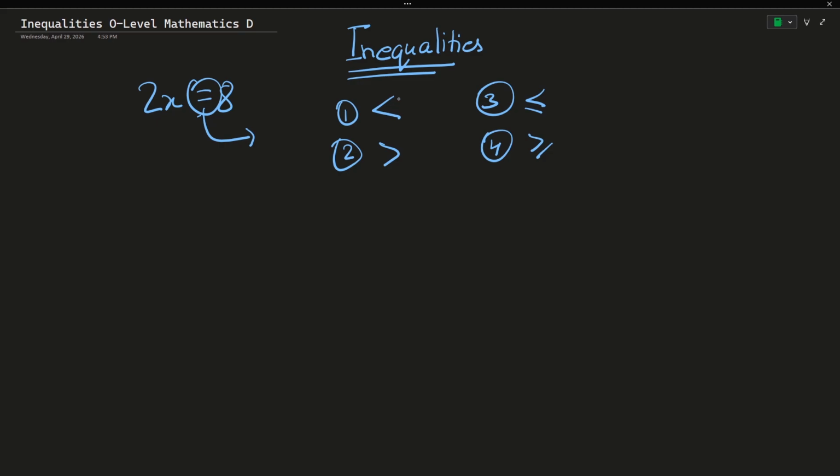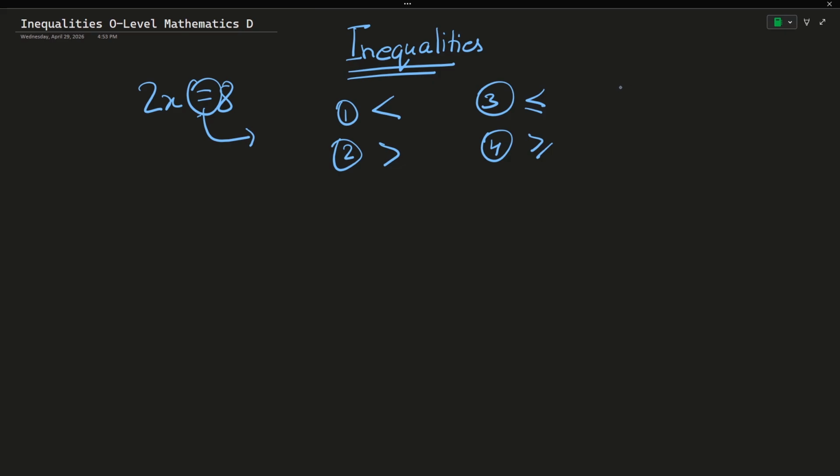So basically these are the two main types, less than and greater than, and these other two are the same signs. They almost have the same function, but they just have an equal sign added to them, and I'm going to tell you guys the difference between these two signs.